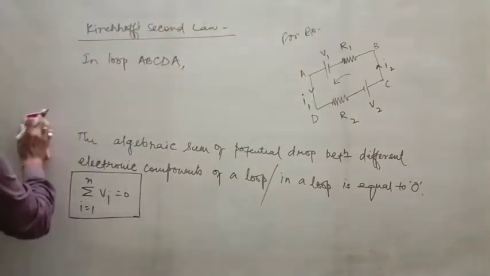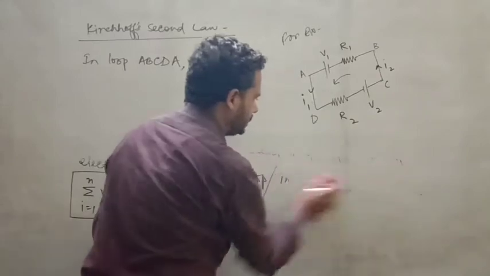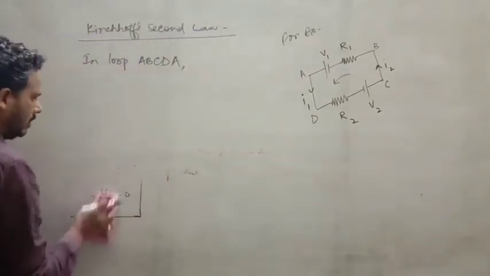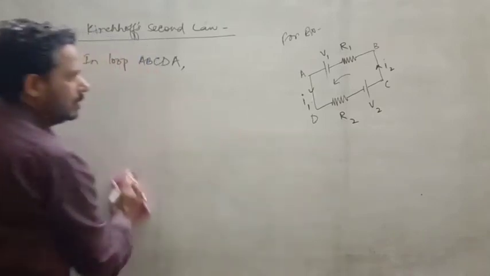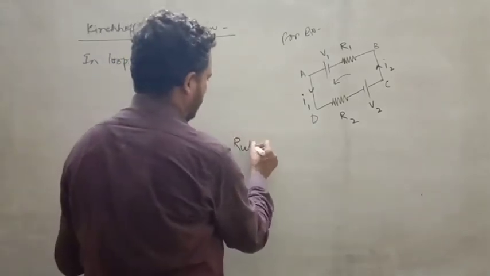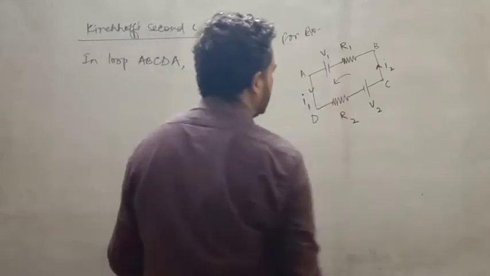Okay, so first of all, let me clarify the rules. Rule 1 is for your potential.